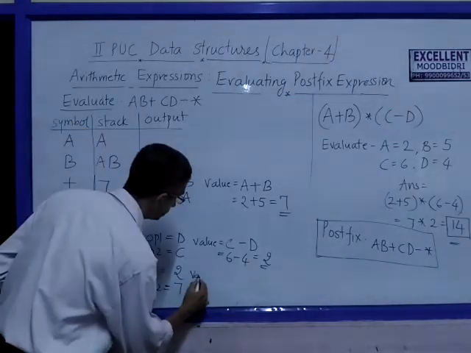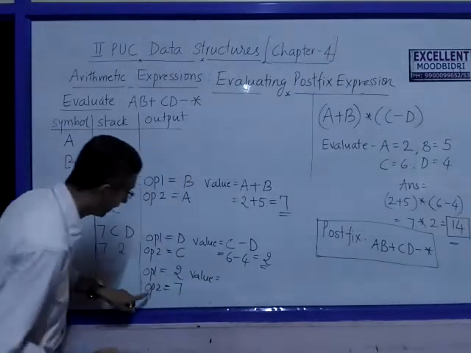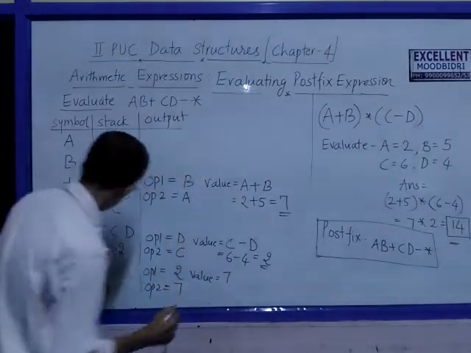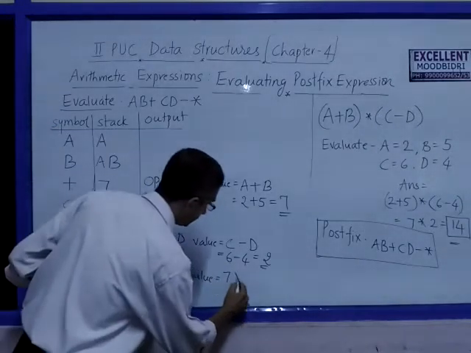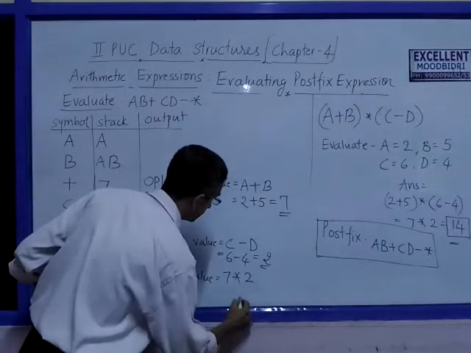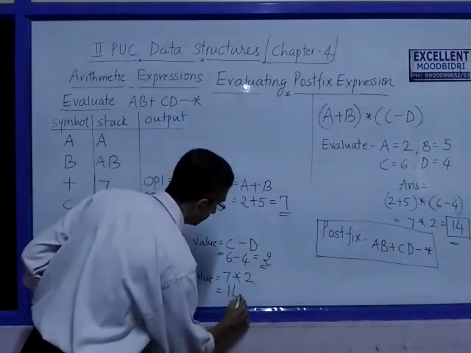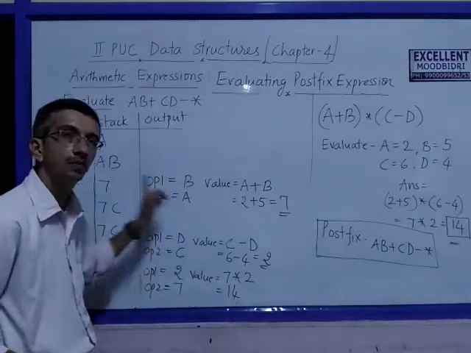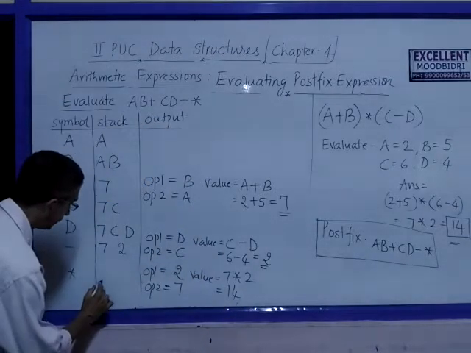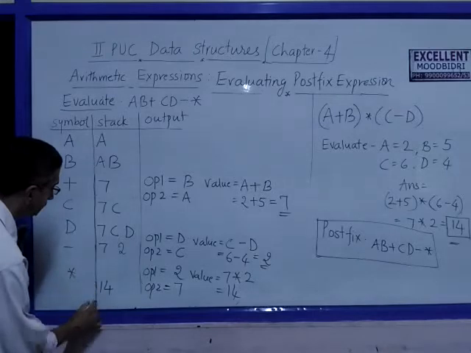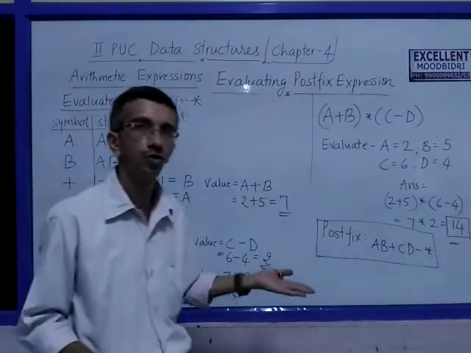Value is equal to operand 2, 7, symbol star, operand 1, 2, which is 7 into 2 is 14. The value is pushed onto the stack.